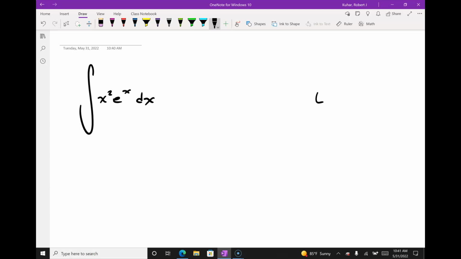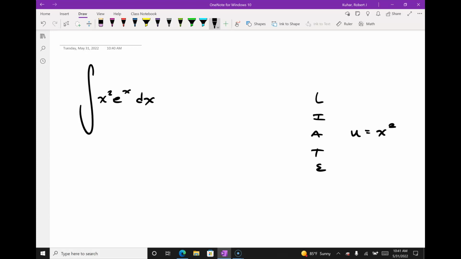Yeah, so my LIATE list, right? What's going to be choice for u? x squared, right? And does that derivative eventually go to 0? Yes. So this is a shortcut. This is one I can do with the shortcut.